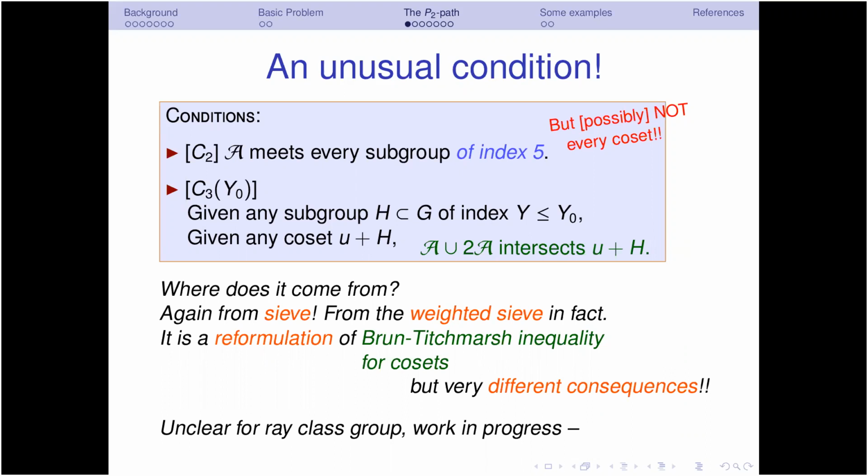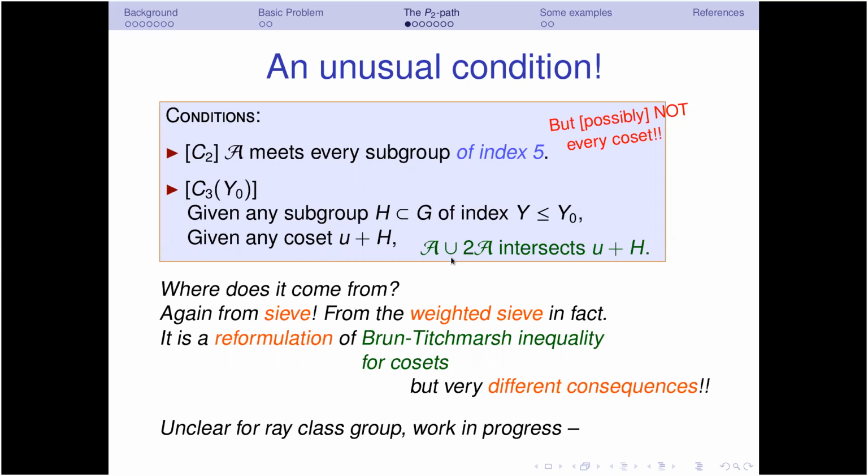So if you take the same idea and you use the weighted sieve instead, you can prove, in fact, that every class modulo a large subgroup contains either a prime or a product of 2 primes. It's another way of looking at the Brun-Titchmarsh inequality, but it gives you an additional condition.